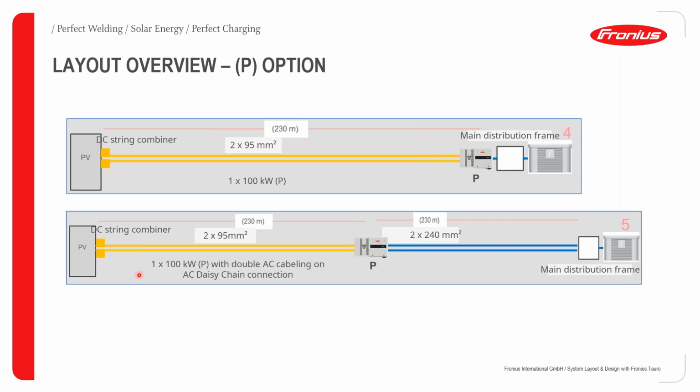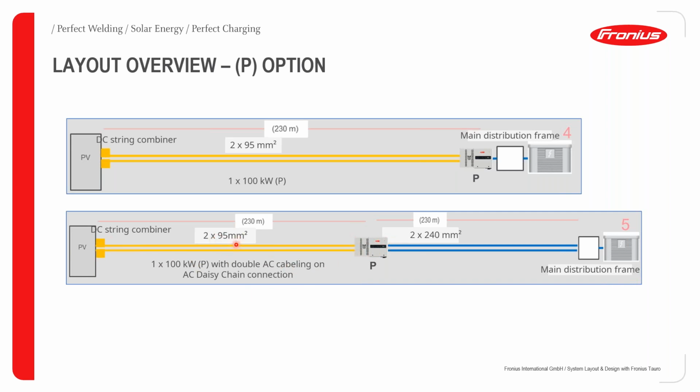With the second example over here, I have a really far distance to cover. So from my PV field to my transformer, it's about 460 meters compared to the previous example where it was 230 meters. So in this example, I can choose to place the Tauro in the middle in terms of distance-wise, okay? And here I can use a DC string combiner box with a pre-combined Tauro.